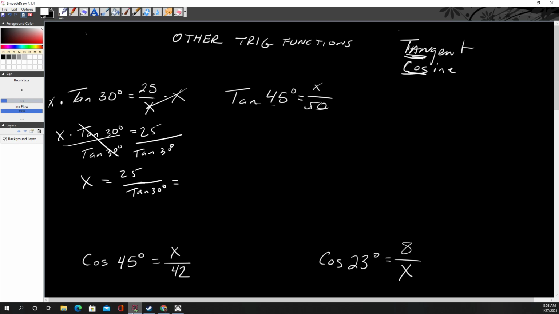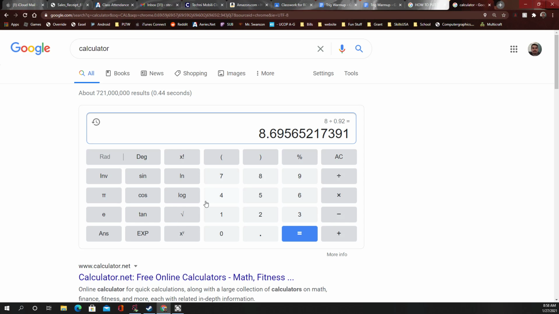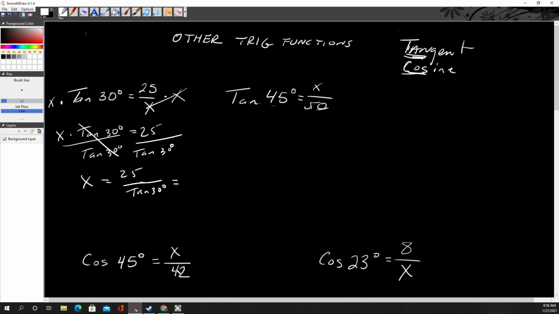And now it's 25 divided by tangent of 30 degrees. But we've got to find out what that tangent of 30 degrees is, so let's do that. We'll go tangent, where is it? Right here, tan. Make sure you're in degrees again. When I went back to this website, it was in radians, so I got to switch back. Tangent of 30 is 0.577.